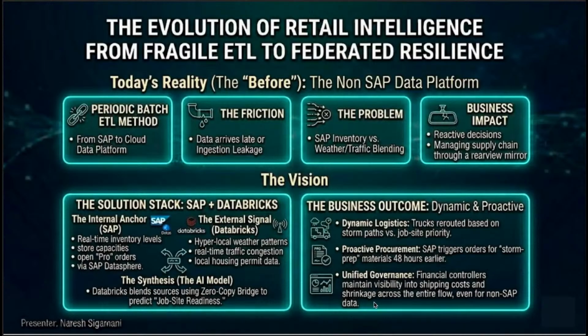Second, proactive procurement. SAP triggers purchase orders for high demand materials 48 hours earlier than the competition. And third, unified governance. The financial controller has visibility into shipping cost and inventory shrinkage across the entire flow. This is how you win the modern market.